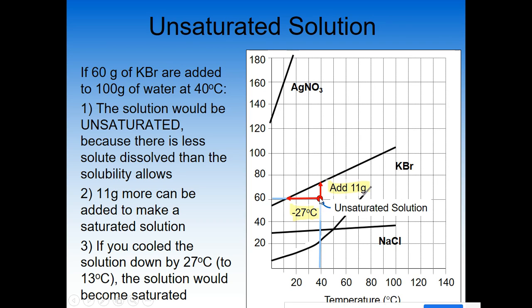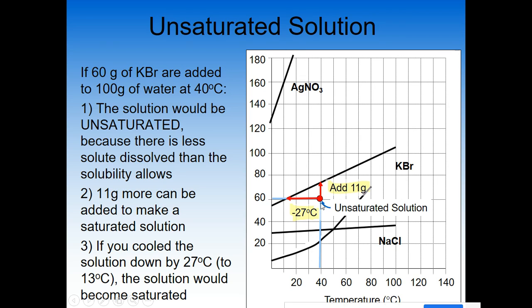If we keep the amount the same but change the temperature, to make it saturated we would have to cool it down about 27 degrees Celsius, so that now 60 grams would be fully dissolved, saturated in 100 grams of water.